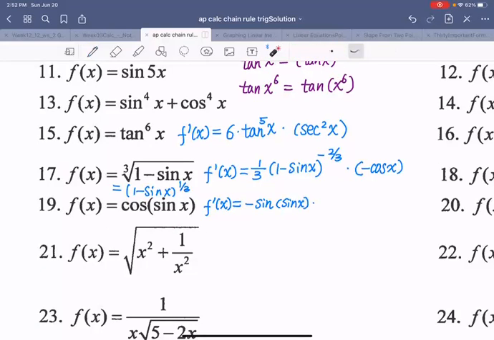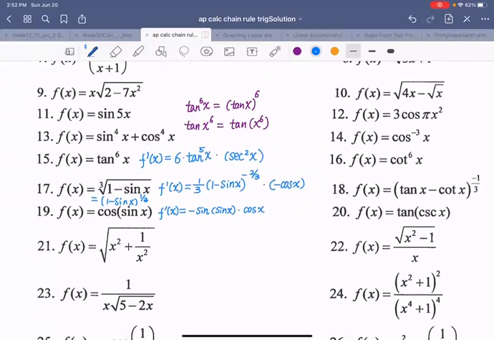And then you have to take care of this inner layer. The derivative of sine x is cosine x. Okay, that's it. That's the answer.